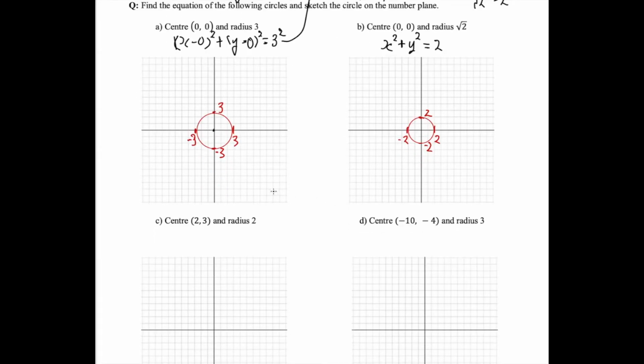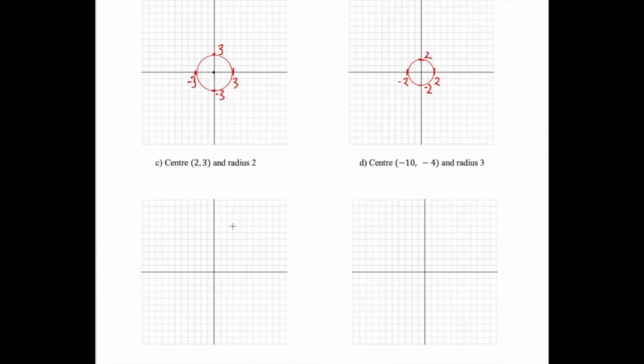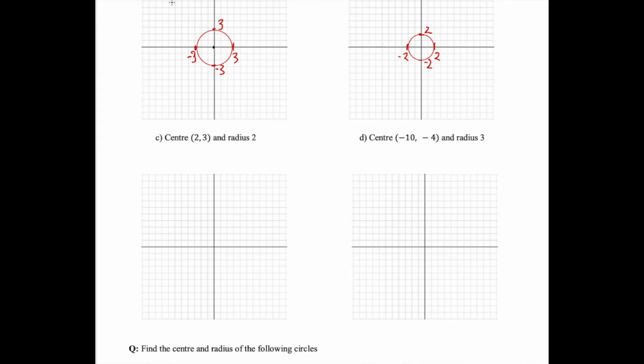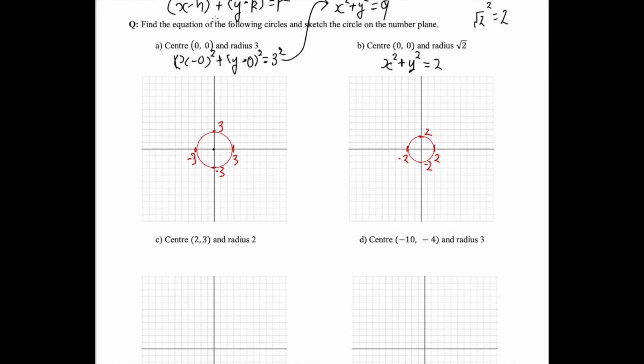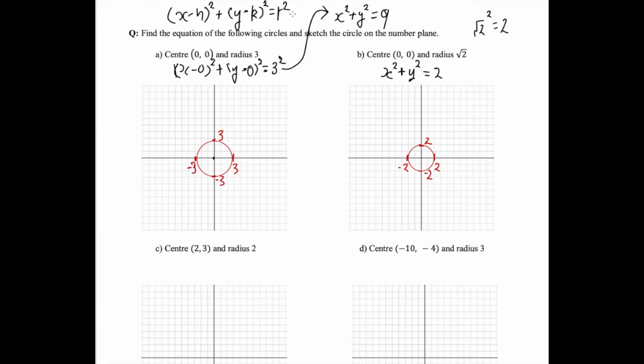Now I'm going to go through some more complicated examples. Make sure you pay attention carefully here. Now this is center 2, 3, right? So if you still remember, the equation of a circle is x minus h squared plus y minus k squared equals r squared. In this case, the 2 is the h, 3 is the k, and this 2 is the r. So you can write this as x minus h.